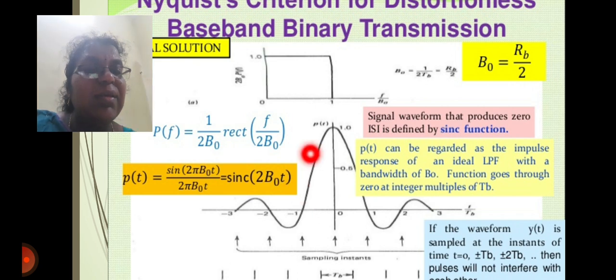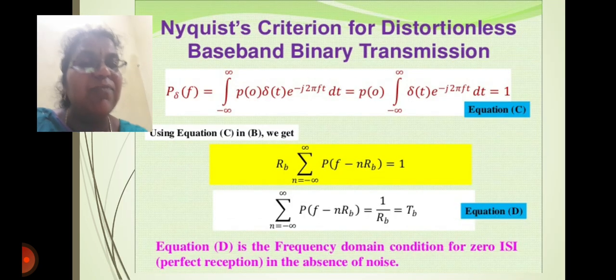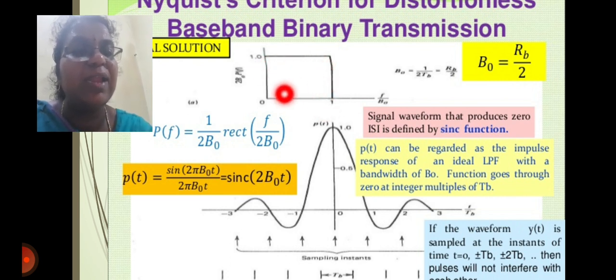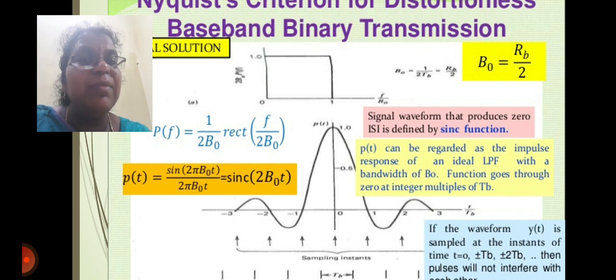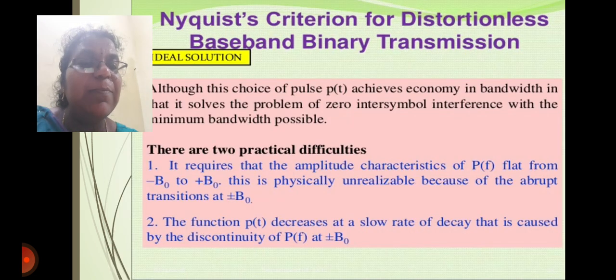This time domain representation is the sinc function, and the frequency domain representation is the response of an ideal low pass filter. But this is for an ideal solution, which is very difficult to occur in practice.